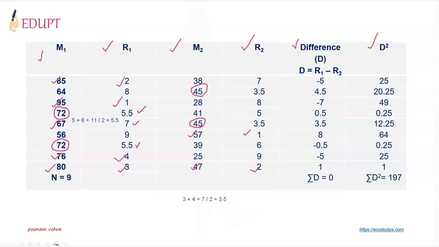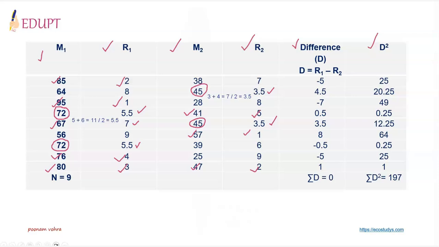So we find the average of third and fourth serial number, which comes to be 3.5. So the rank 3.5 is given to the two teams. After that, fifth rank would be given to the next lowest value, and so on. Complete the series. Now you find the difference.